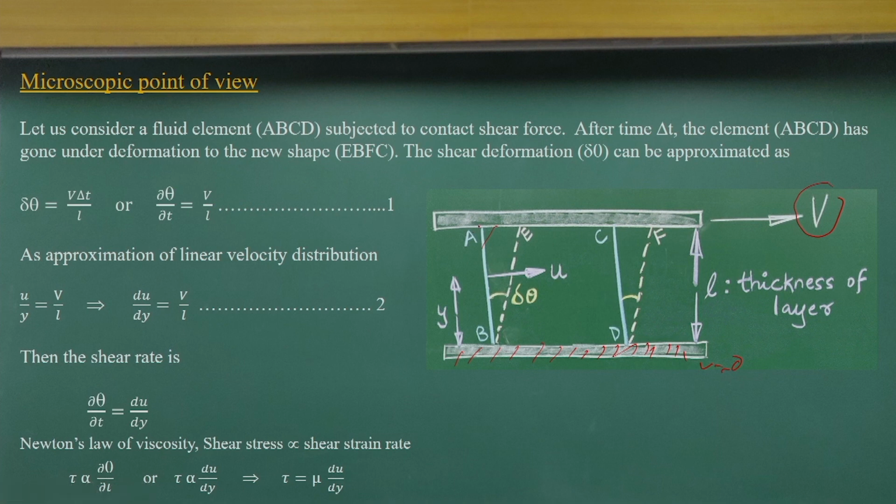As you know, at point A we will have the velocity v because of the no-slip condition, and at point B we will have velocity 0. Assuming a linear velocity variation from B to A, from 0 to V, as y increases the velocity will increase and the maximum velocity will be V. Now, at a point which is at distance y from the plate at rest, you will have velocity u.